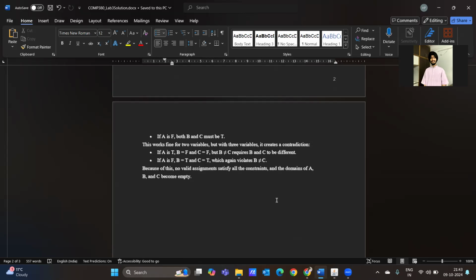If A is T, B equals F and C equals F, but B is not equal to C requires B and C to be different. But if A is F, B equals T and C equals T, which again violates B is not equal to C. Because of this, no valid assignment satisfies all the constraints. Basically, we don't get any solution. No solution.